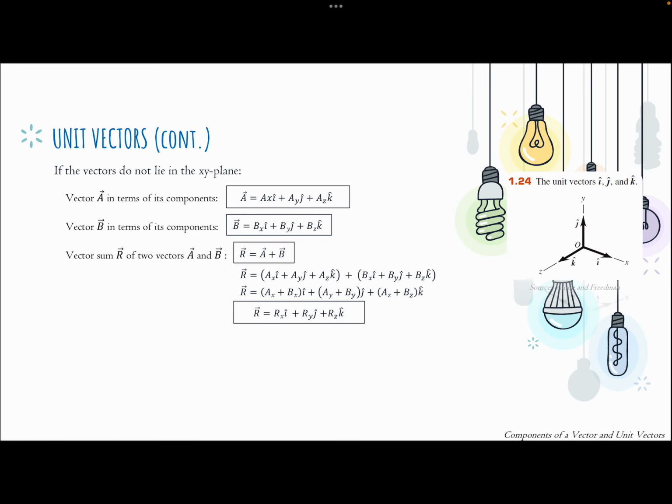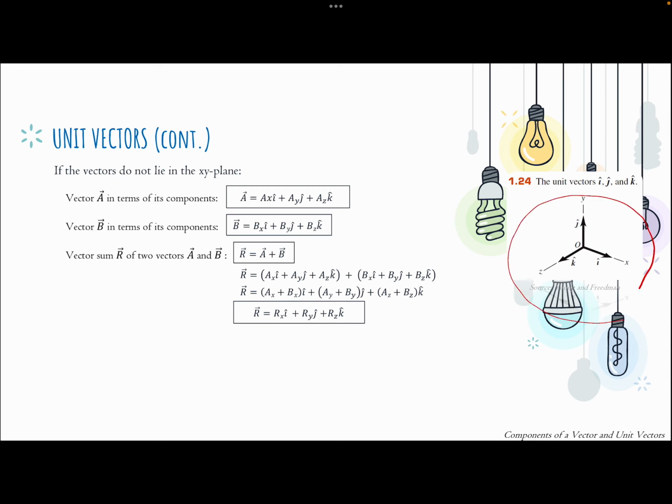Okay. So now, if the vectors do not all lie in the xy plane, then we need a third component. And we introduce a third unit vector that points in the direction of the positive z-axis. So it is shown in this figure.